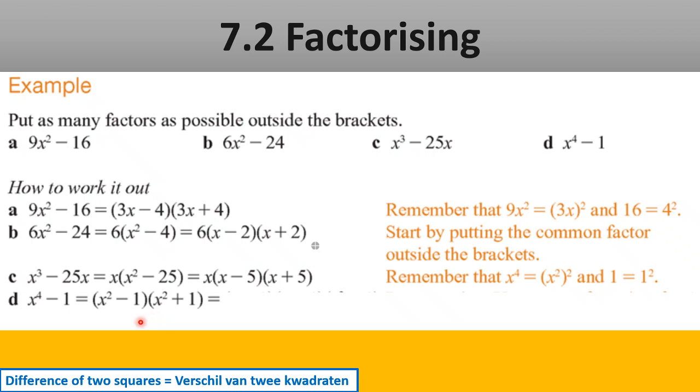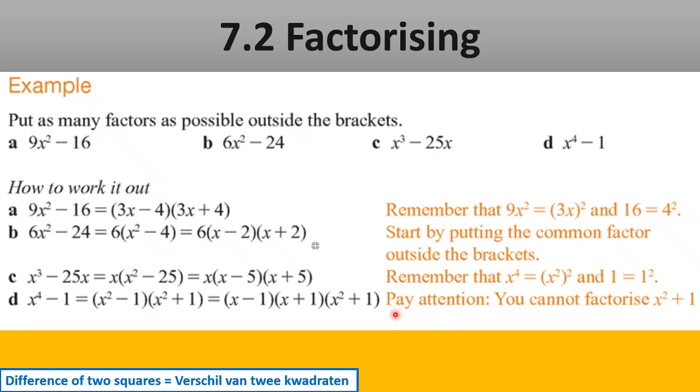But no, in this case I can again use my difference of two squares knowledge on this part. Because here I can now say x squared minus 1, this is a square of x, and this is the square of 1. So I can now rewrite this as x minus 1, x plus 1, that is this part, and I still had the x squared plus 1 right here.